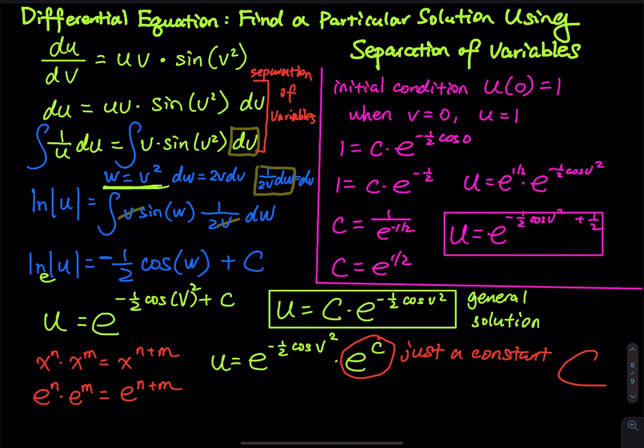Depending on the preference of your teacher, both forms are acceptable. If you are doing homework online, I'm sure they want you to put the 1/2. They want you to merge two e's together, and this is called the particular solution of the general solution with that initial condition.